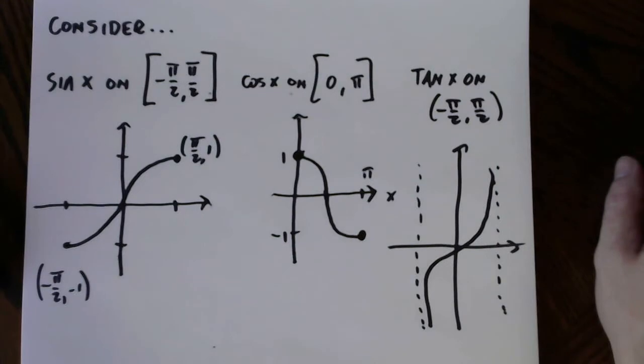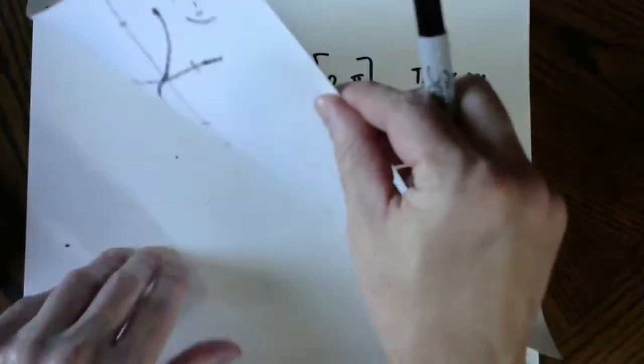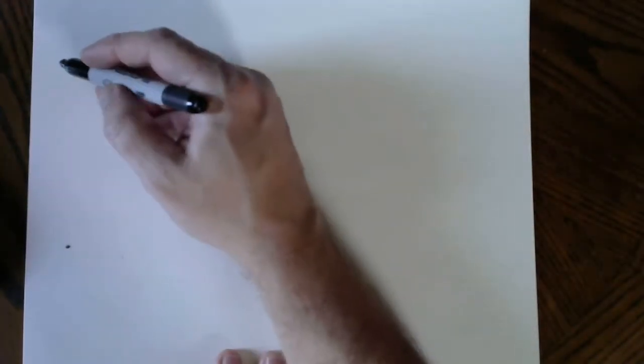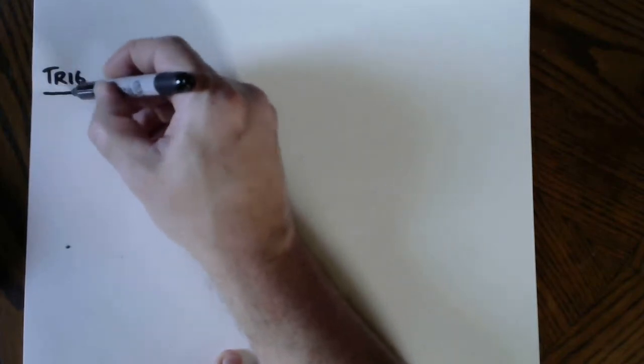So what I'd like to do, and I'm going to have this information, I'm going to have this little chart for you. And I hope I can fit this on one sheet. I'm going to abbreviate to save a little space. I'm going to list the trig functions.